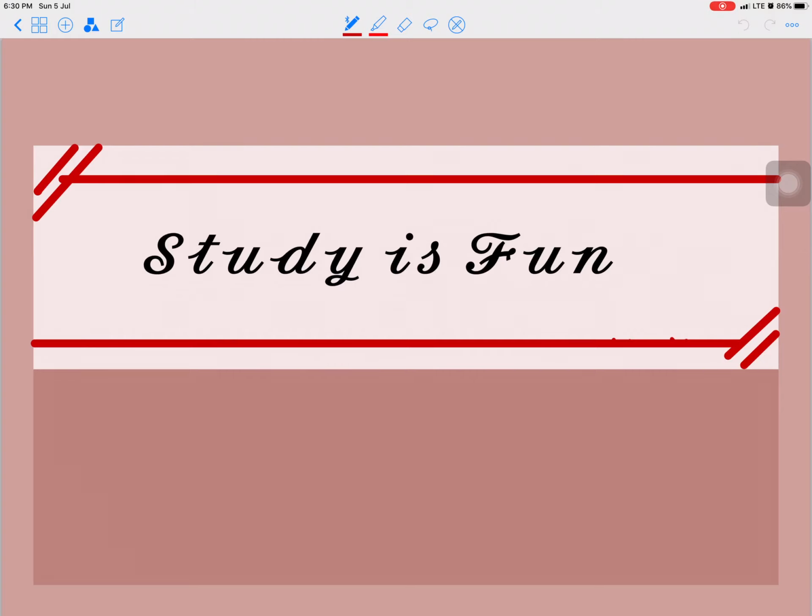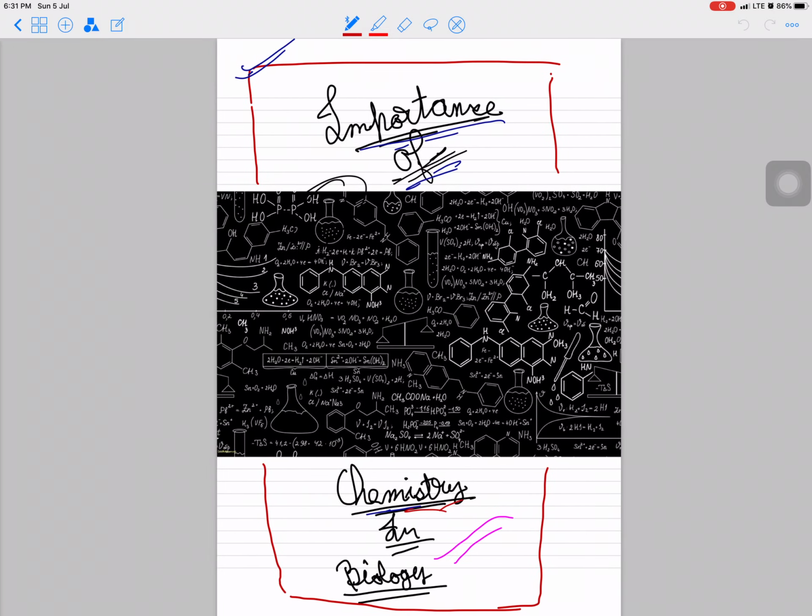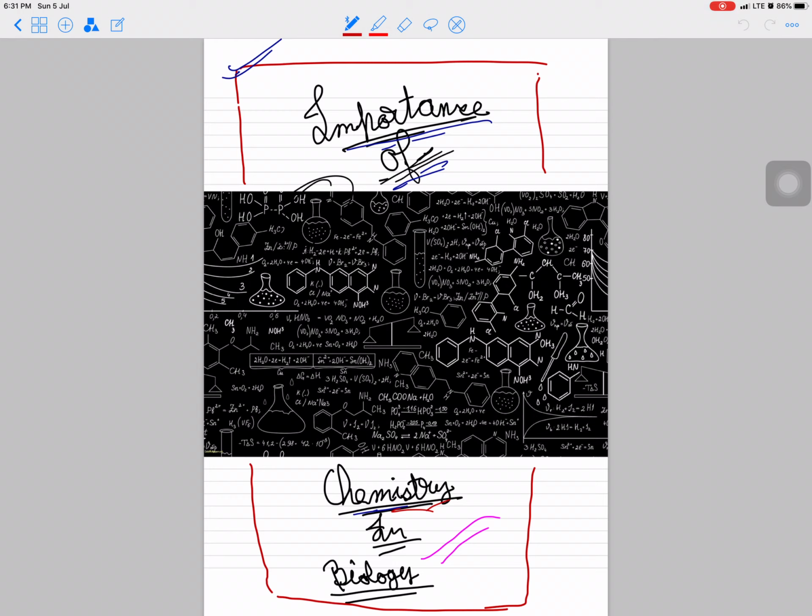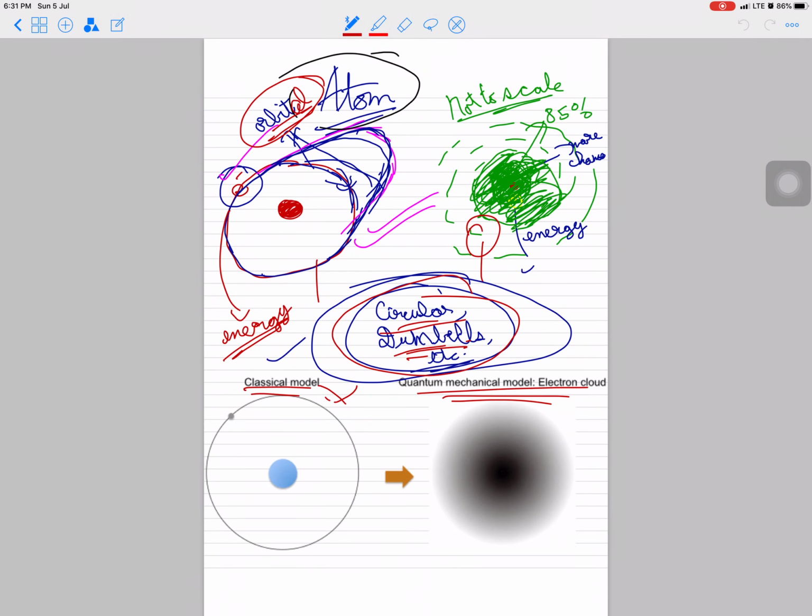I am Sasank, and in this session we're talking about subshells, shells and orbitals, not in the same order of course. As we discussed in the last class about the importance of chemistry and biology, we started off with the atom. We started off with how an electron changes its orbit or the shape of its orbit when given energy or when energy is taken from it.